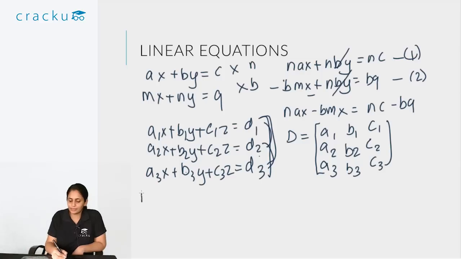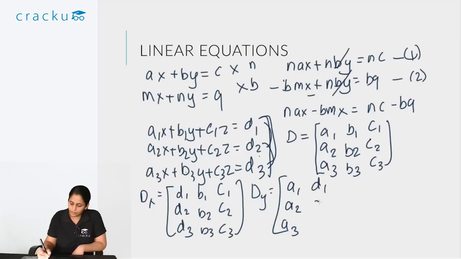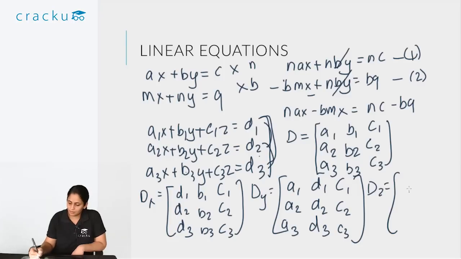Then we define Dx by replacing the a column with the constant values d1, d2, d3, keeping b1, b2, b3 and c1, c2, c3. Dy is a1, a2, a3, d1, d2, d3, and c1, c2, c3. And Dz is a1, a2, a3.